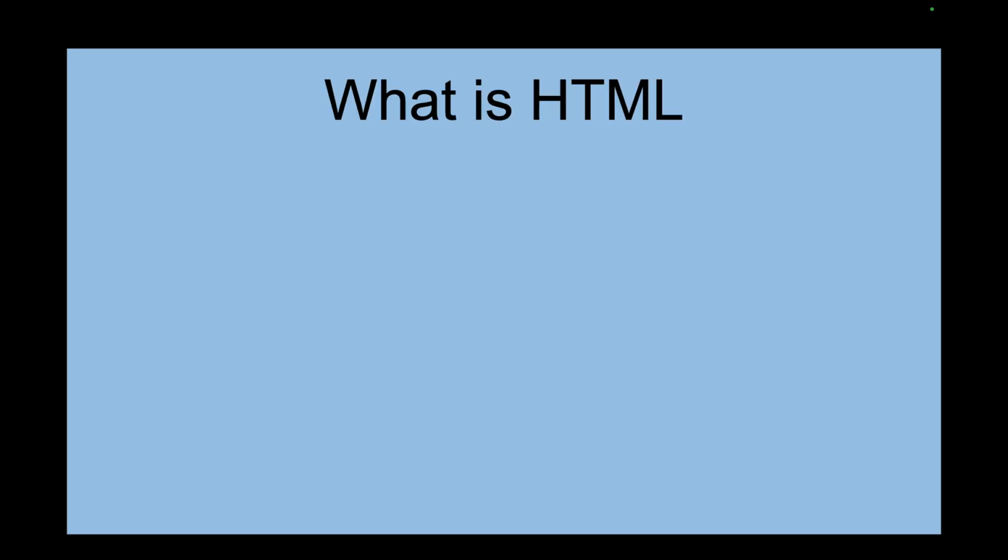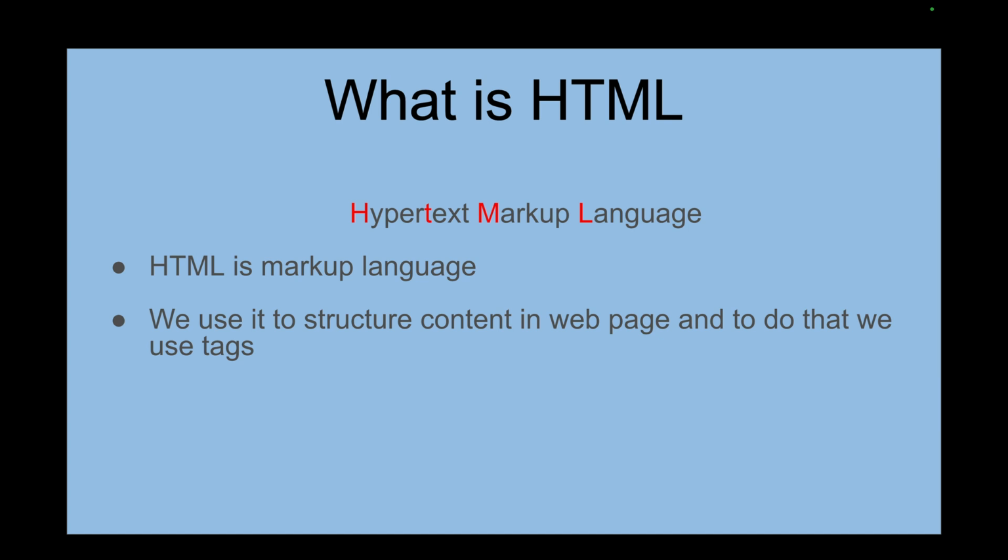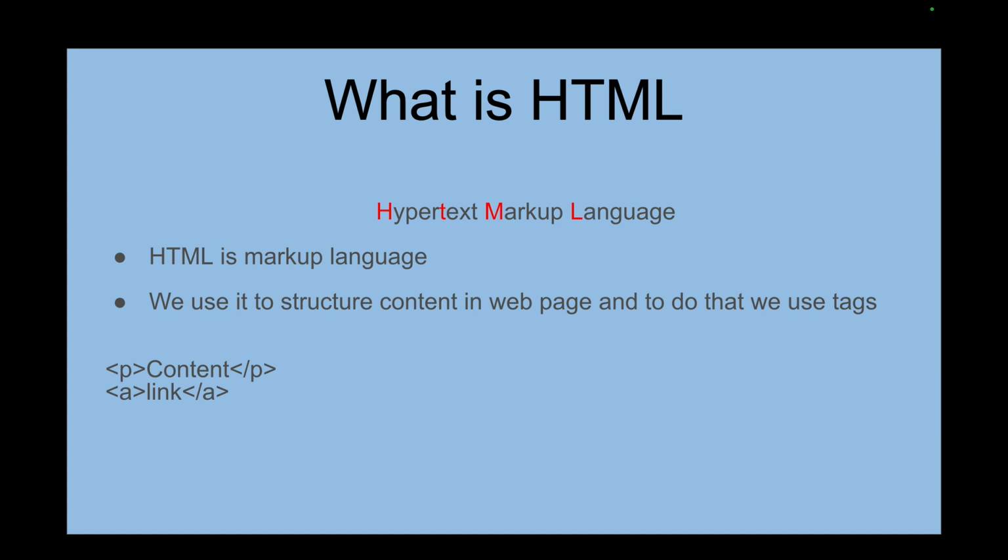What is HTML? HTML is Hypertext Markup Language abbreviation. HTML is markup language, so it's not a programming language. And we use it to structure content in web page, and to do that, we use tags. We have different type of the tags. Each content that we are showing in the website and we are seeing inside the website, it has its own special tags.